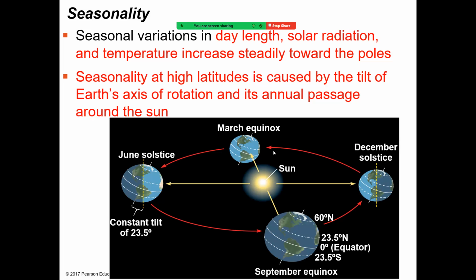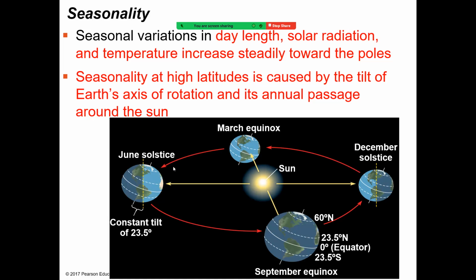Then we move forward and we have the March equinox, which is March 20th. So you can see that at this point. So that would be spring in the northern hemisphere and fall in the southern hemisphere. Then we move to June. The June solstice is June 21st. In the northern hemisphere, that's the longest day.